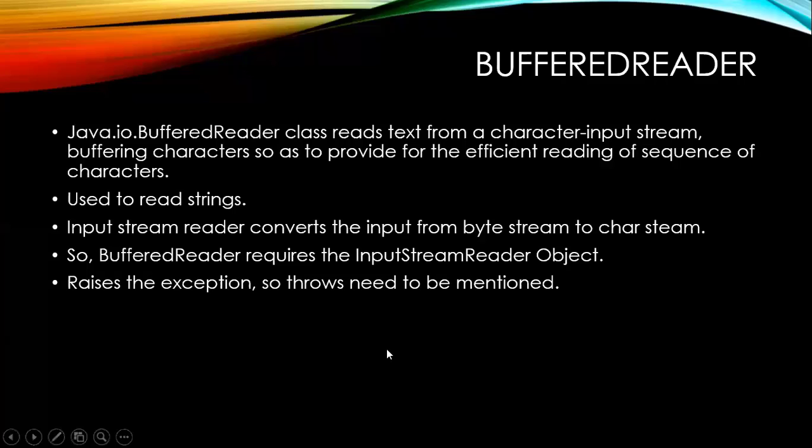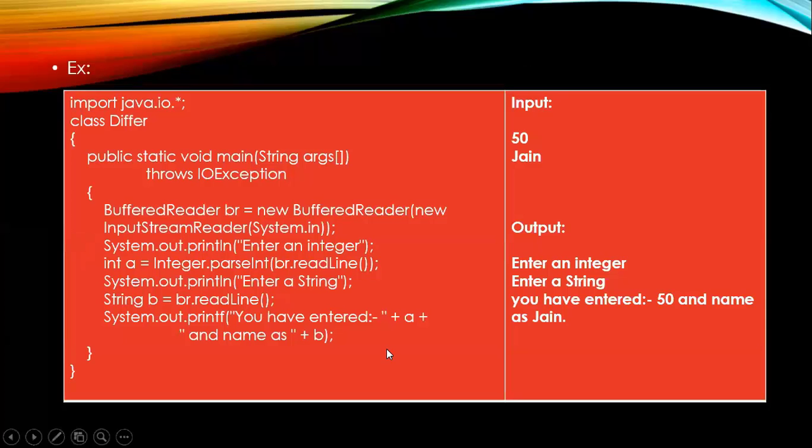The same statements have been written in the PPT, and here you have a simple example where it is reading both an integer as well as a string. As already told, if you are reading an integer, you perform Integer.parseInt. That means readLine will take this 50 also as a string value. Now I don't want to consider 50 as a string; I want to consider it as an integer. So I'm writing Integer.parseInt.